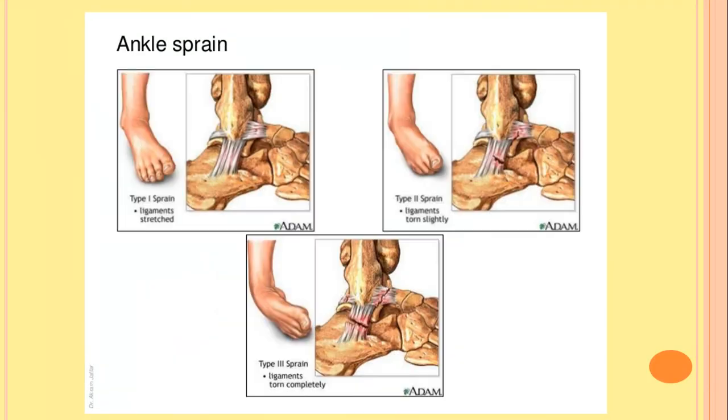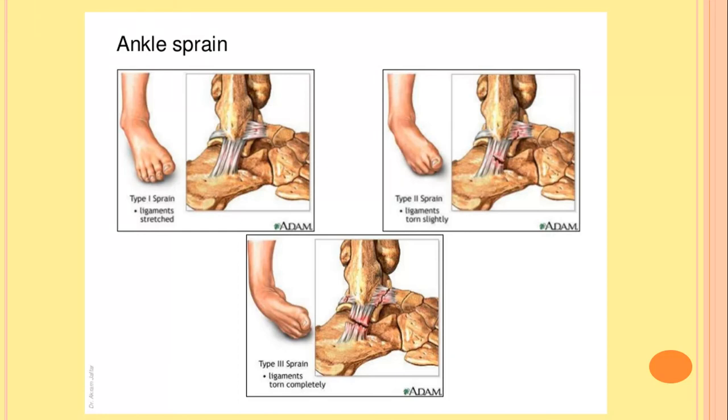So we have completed the joints, and further joints are between the cuboid, navicular and the cuneiforms, and the cuneiforms and the bases of the metatarsals and the cuboid and navicular bone, and then there are the proximal metatarsophalangeal joints and the distal interphalangeal joints, very similar to the joints in the upper limb.